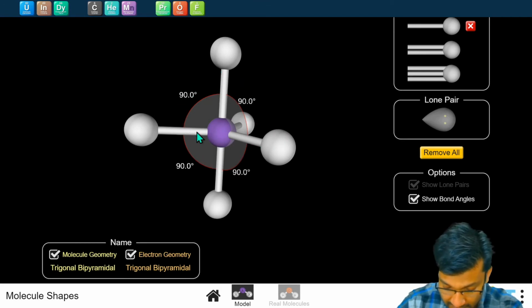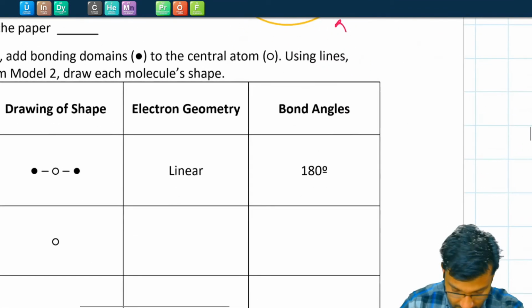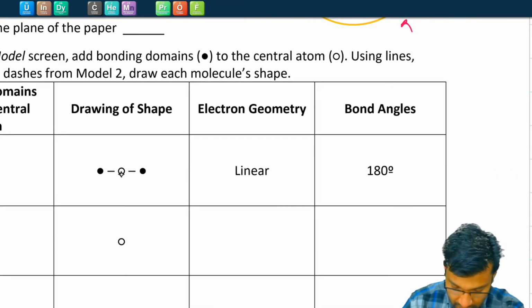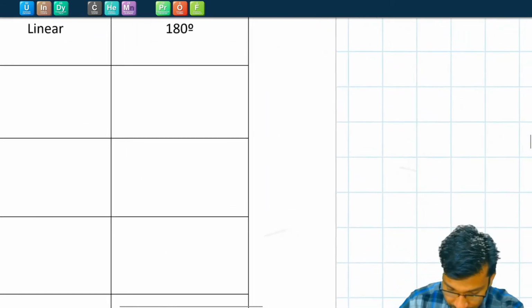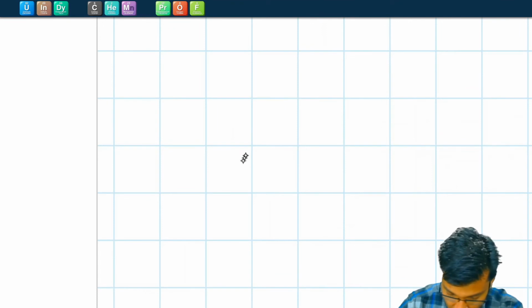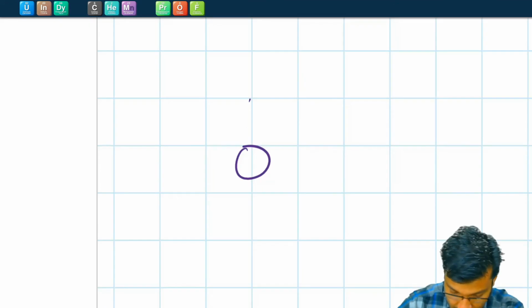If I were to draw this using this representation, what would that look like? I'm going to use an open circle for the center atom and closed circles for the end atoms. We have a T shape that are all in line with the page. 1, 2, 3.